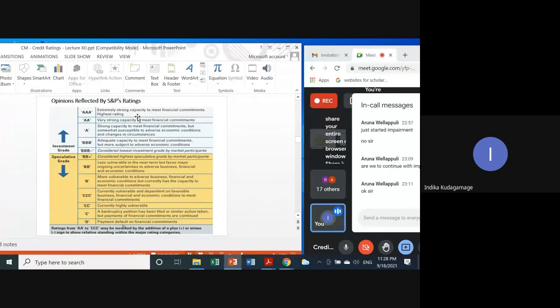Extremely strong capacity to meet financial commitment is the highest rating. BB plus and below are speculative grades. That means good for short-term investment, not for long-term investment. We were here, BB minus, and now we are here.